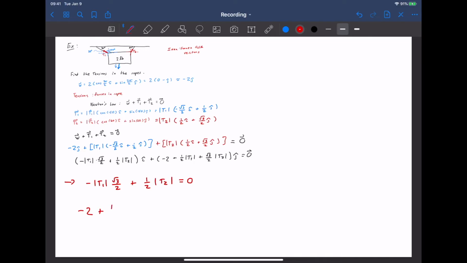Negative 2 plus 1/2 T1 plus root 3 over 2 T2 equals 0. Solving this equation, you could get that T2 equals root 3 T1.